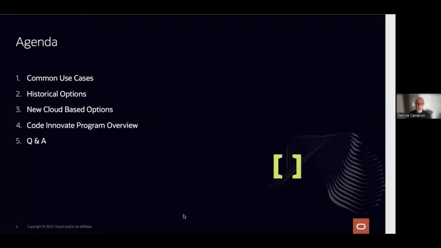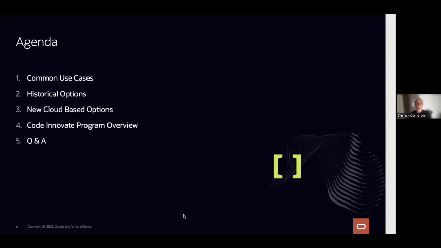This is really a follow-on to some presentations we did in the past. There was one on DBMS Cloud, and there was one on Autonomous Database for legacy developers. So there's a couple of things we'll be covering today that overlap with that, but there's a lot of net new stuff.